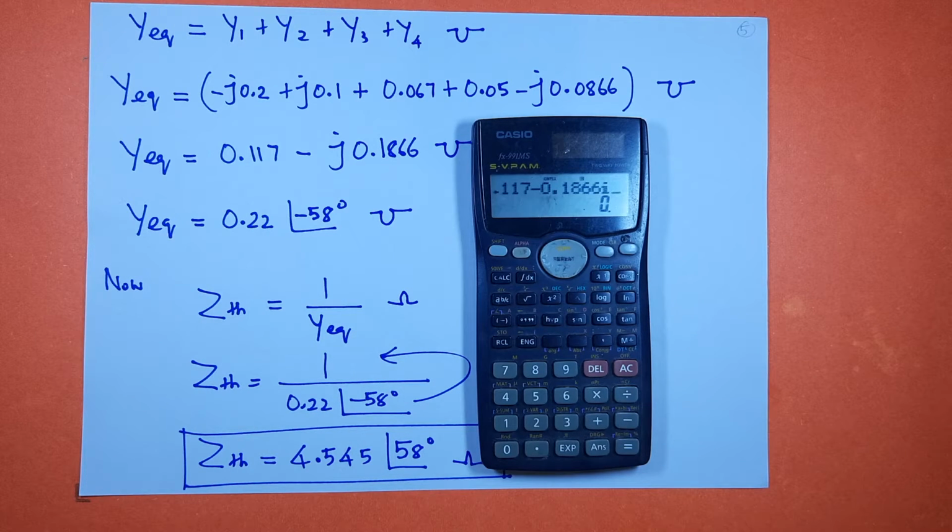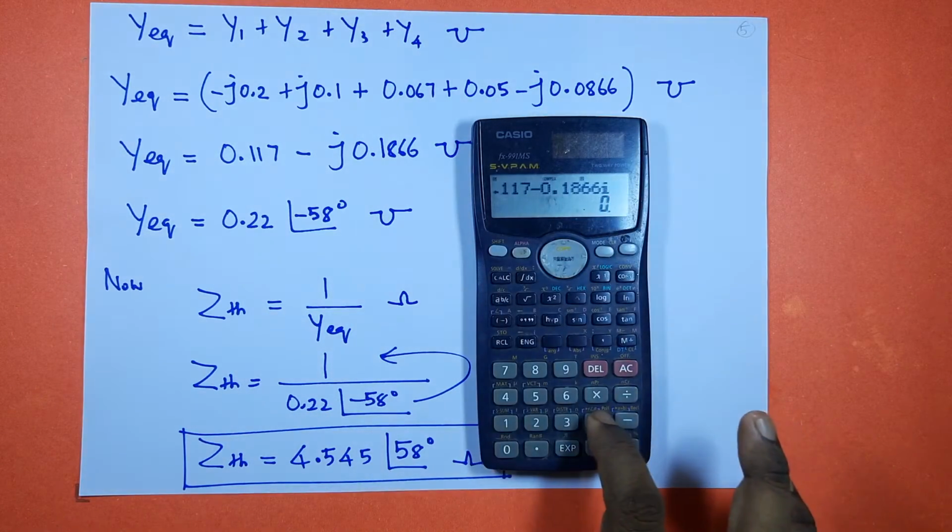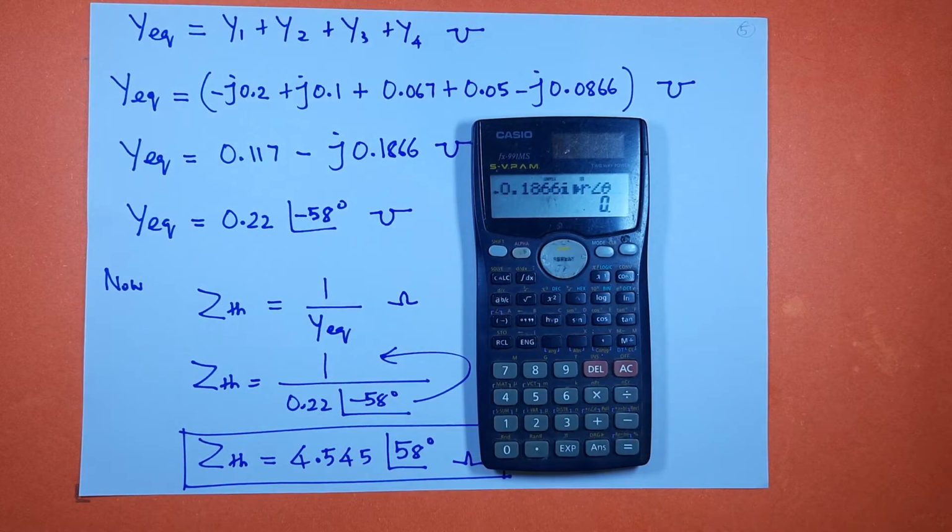Next, press shift and the plus sign. It says the rectangular form will be converted to polar form, or angle theta. Then you press equal, and you get 0.22.